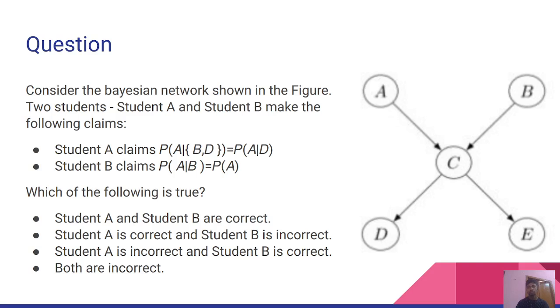It is correct, sir. Why? Because they all are going towards C, and C is going towards D. So it becomes the last case, where C is the child and D is C's child.